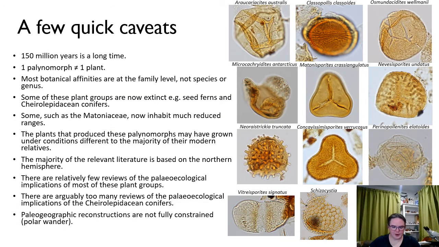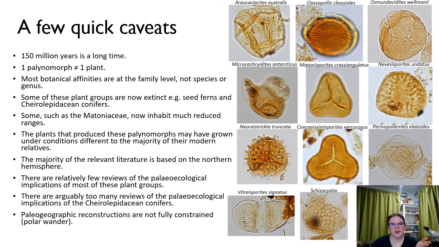So before we go any further, I do need to give a couple of quick caveats. 150 million years is actually quite a long time, and most of these botanical affinities are at the level of the family, not a genus or species.